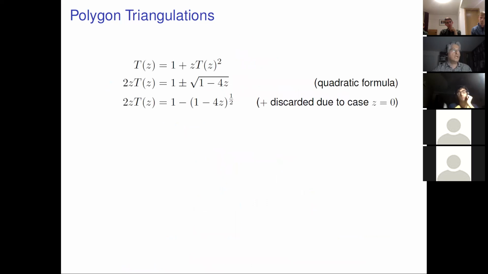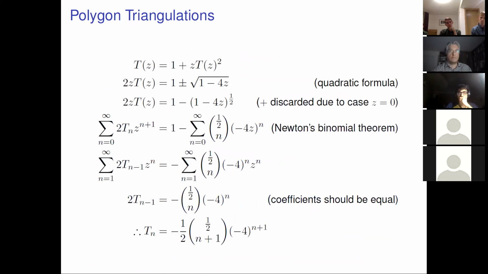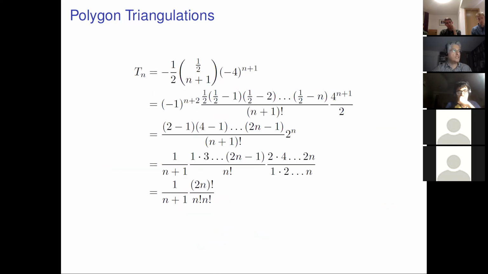Then you can solve this using the quadratic formula, and you discard one of the solutions because if you put z equals 0 here, with the plus, the two sides are different, so you discard that. Again, Newton's binomial theorem and some algebra gives you a closed formula for the sequence. It's a bit not nice, but you can do more algebra and get to a nice formula for it.